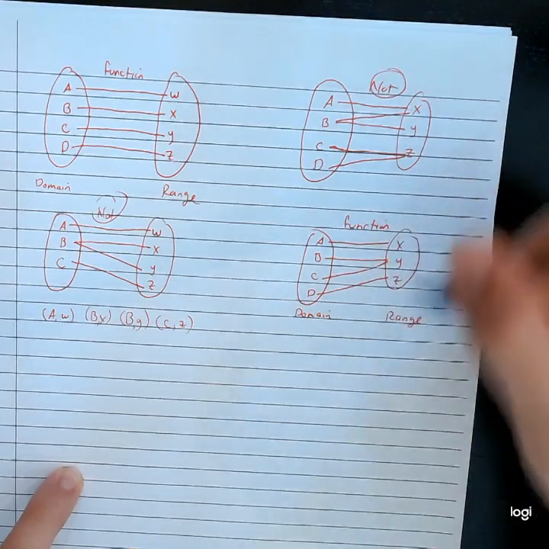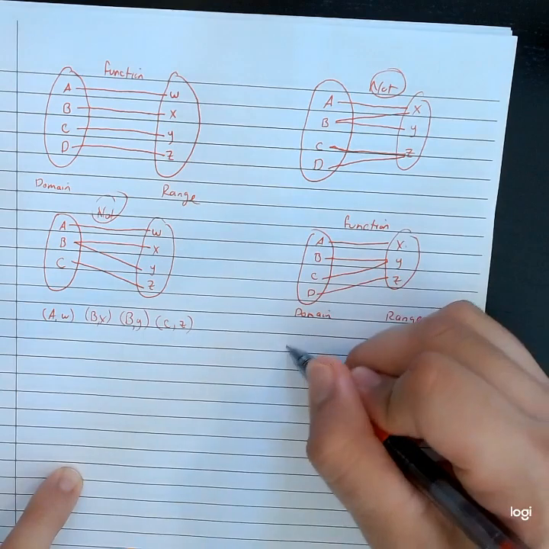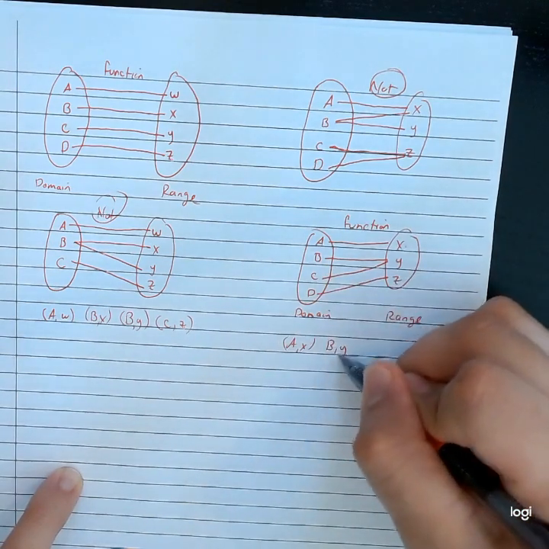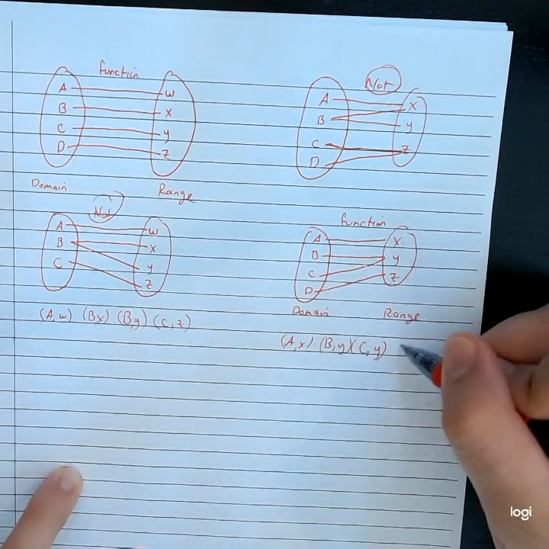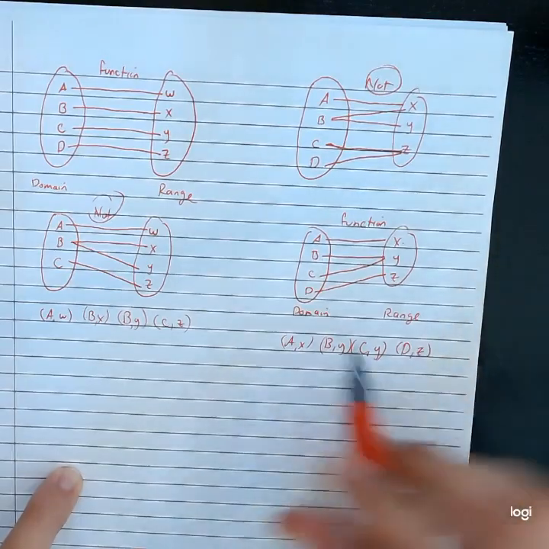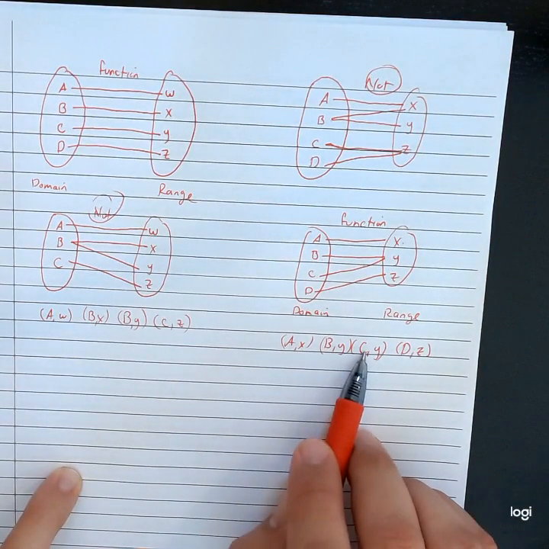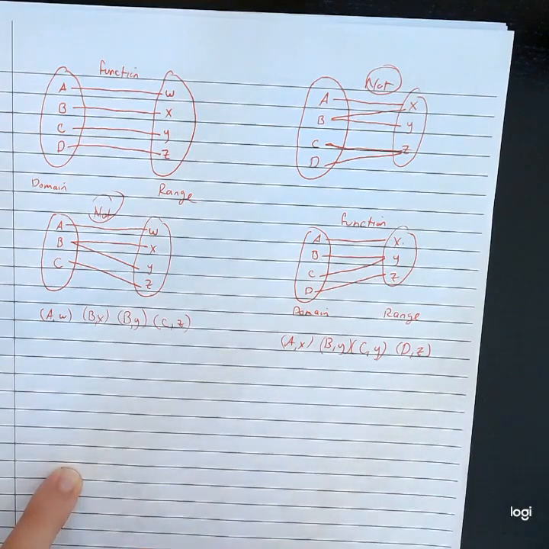If you write it out as a set of ordered pairs, you have AX, you'd have BY, you'd have CY, and you'd have DZ, which is fine. No distinct ordered pair has the same first entry. All right, here, yeah, the second entry is the same, but we don't care. The first entry is different for all of them, so yes, this is a function.